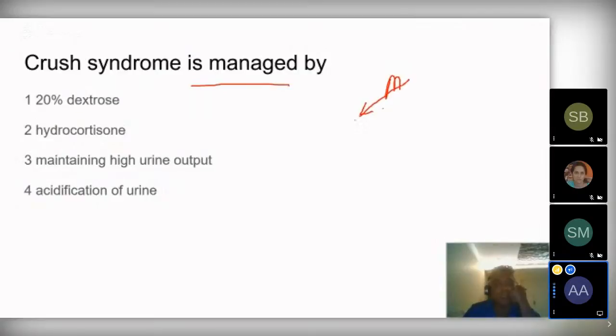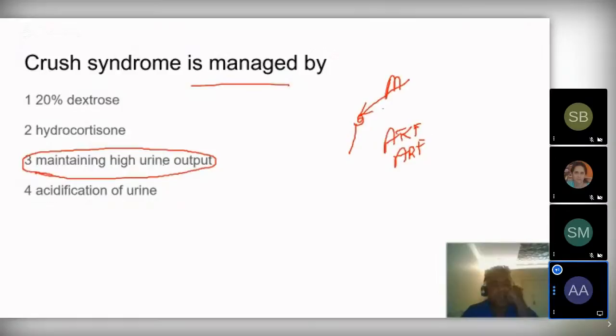It clogs our renal tubules. It causes acute tubular necrosis or acute renal failure. So what is important is you have to maintain high urine output by giving excessive colloids.